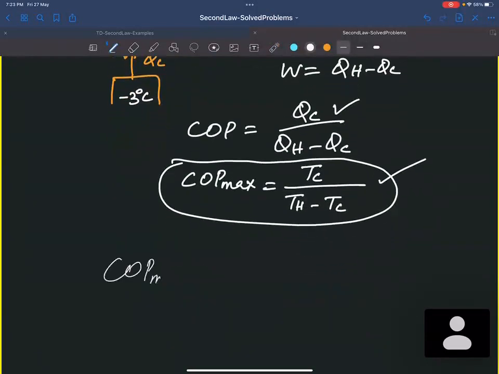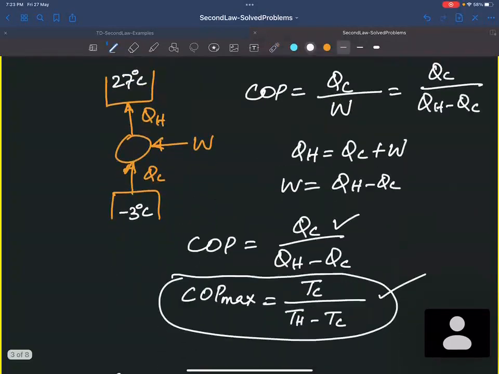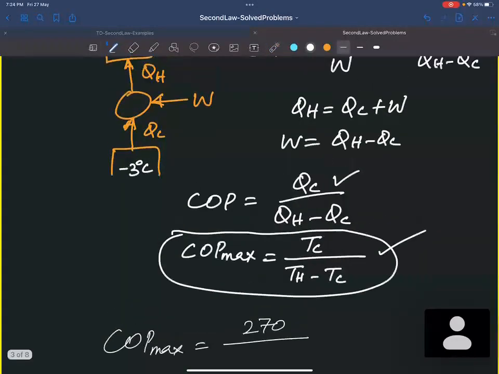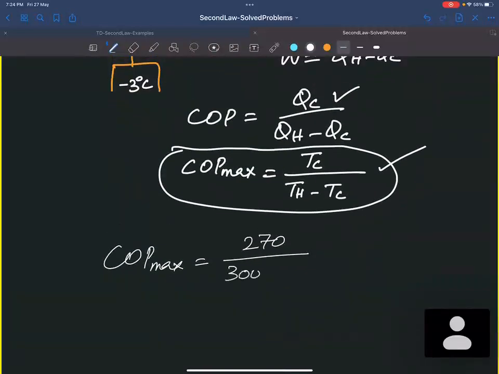So what is the COP max we are having? TC is -3 degrees Celsius, which is 270 Kelvin, and 27 is 300, so 300 minus 270. So always 270 by 30.